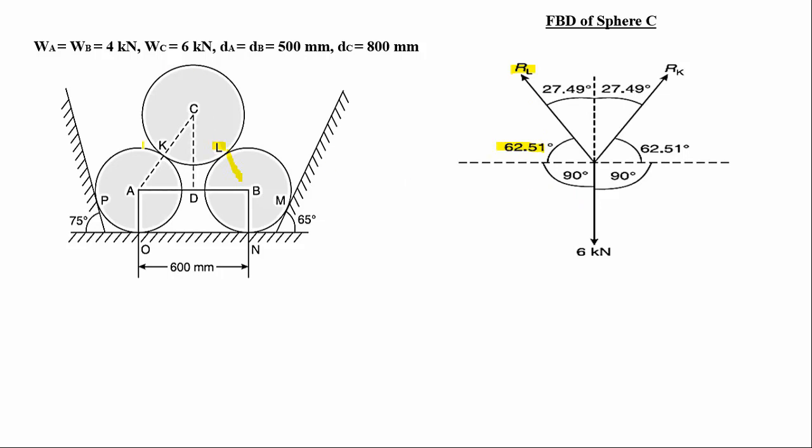So for sphere C, we have two reactions plus one self weight: RK, RL and self weight of 6 kilonewtons. Now these three forces are concurrent coplanar forces, so we can apply Lami's theorem.